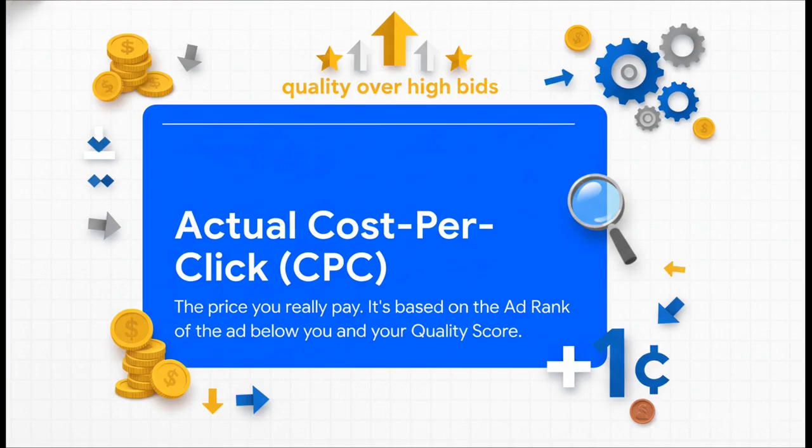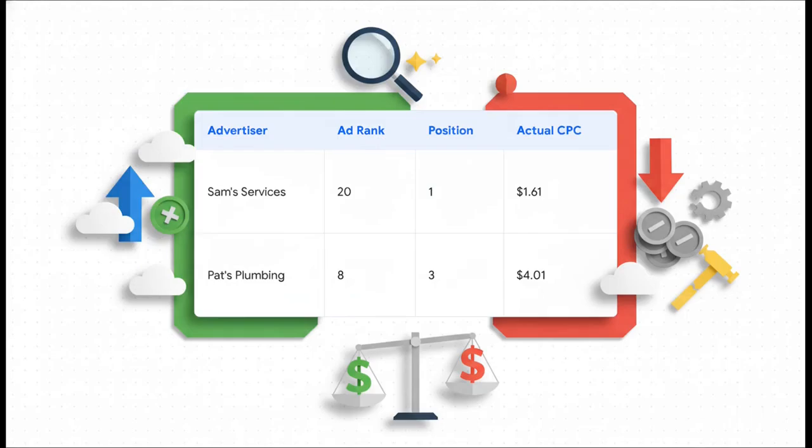Google takes the ad rank of the competitor right below you, divides it by your quality score, and then just adds a penny. So look at the final results here. Sam, who's in the #1 position, only pays $1.61 per click, way less than his $2 max bid. Meanwhile, Pat is paying over $4 for a much lower position. Sam gets a better spot for less money, all because he focused on relevance and quality.